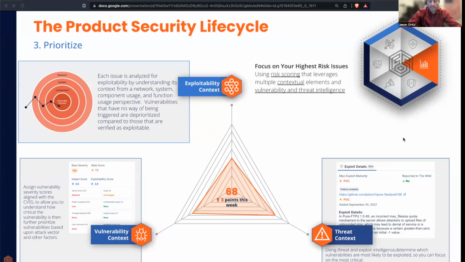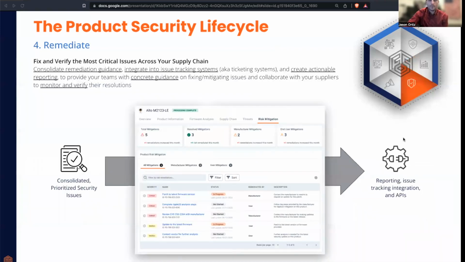It can be present, but not actually ever executed, which means the exploitability context goes way low, since code that's unreachable in a compiled binary obviously cannot be exploited. So we have to take all three of these things into account when we do our prioritization in terms of what we need to look at next, and that is to remediate.